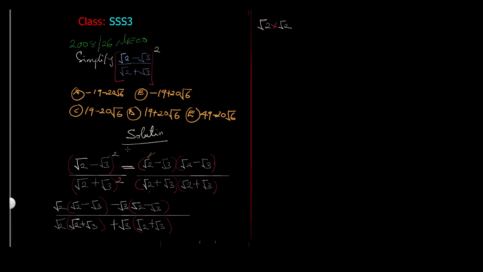So we know very well the sign here will be minus because plus is here at the back and minus. So here will be plus. So we can now say plus square root of 2 plus square root of 2 times square root of 3 plus square root of 3.